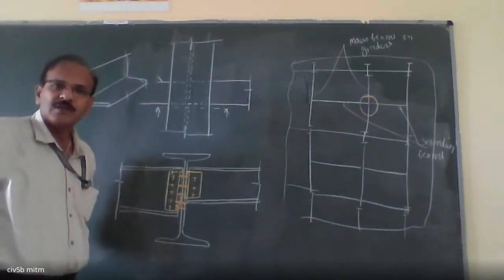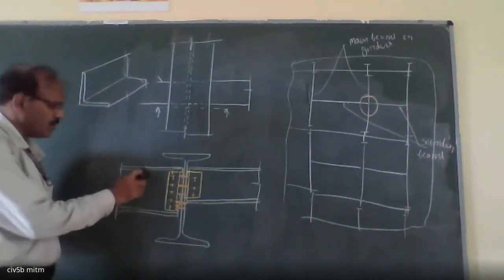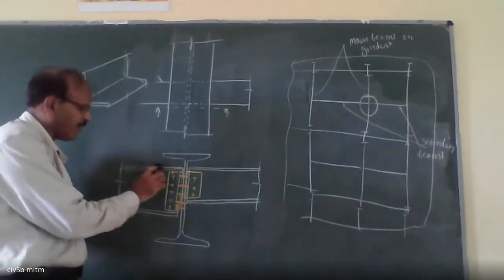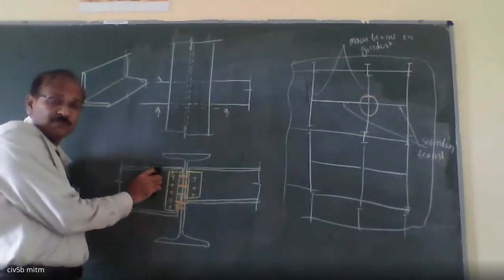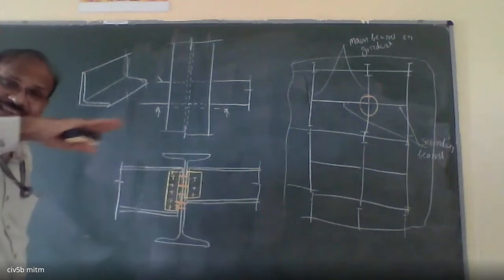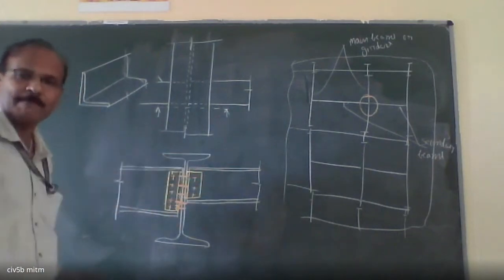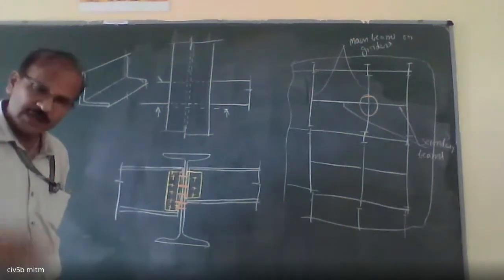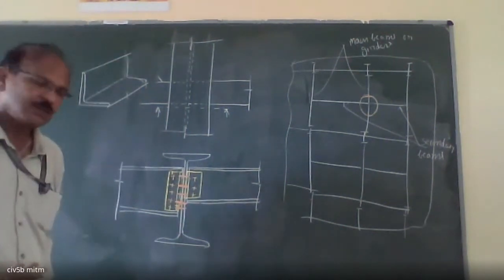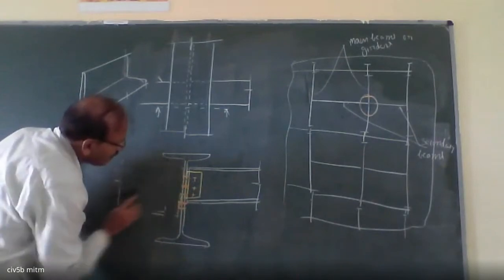However, in many structures, we make sure the top flanges of this and this are at the same level, because we need to provide flooring, in the case of multi-story buildings. So for that, we are not going to do it this way.